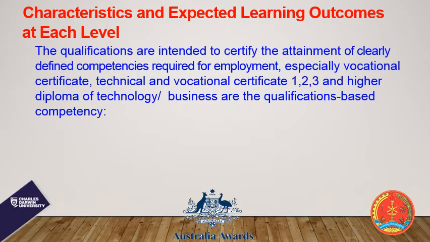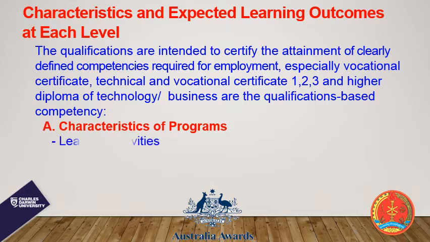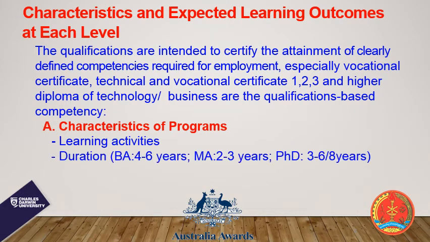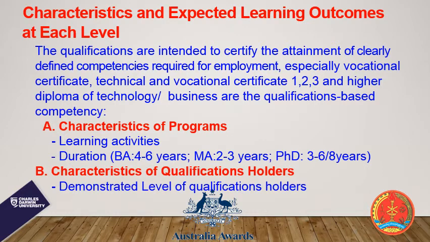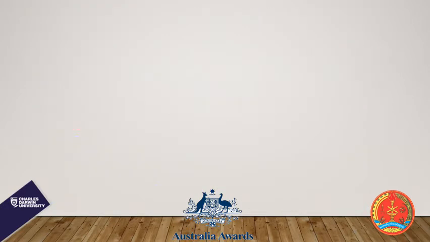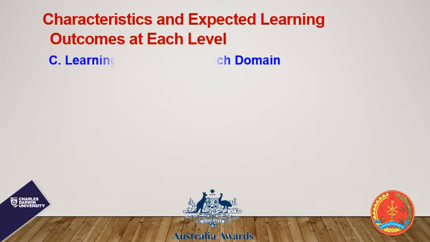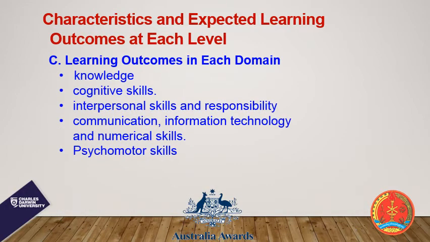The characteristics and expected learning outcomes at each level are categorized into characteristics of programs, which mainly focus on learning activities, duration; characteristics of qualifications holders, which mainly focus on demonstrated level of qualifications holders, application; learning outcomes in each domain, which mainly focus on knowledge, cognitive skills, interpersonal skills and responsibility, communication, information technologies, and numerical skills, and psychomotor skills.